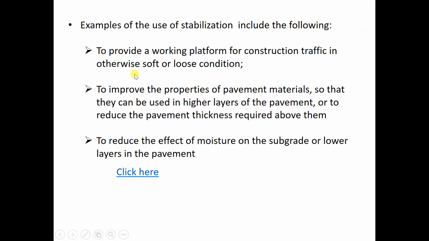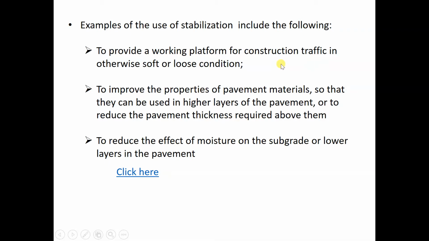Okay, examples of the use of stabilization include the following. So there are 3 points here. To provide a working platform for construction traffic in otherwise soft or loose conditions. So the stabilization can provide a platform for construction traffic. Otherwise, if you just have the sub-base, or even a subgrade, it'll be too heavy for the construction traffic.